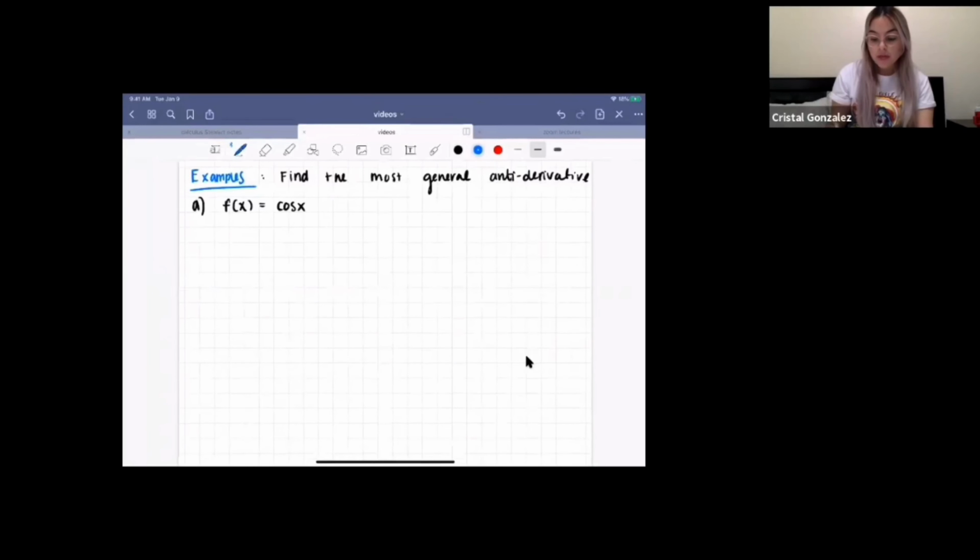So what you want to do is think about this. If you're looking for the antiderivative of cosine x, you have to think about what derivative gives you cosine x. So recall that the derivative with respect to x of sine x gives you cosine x. So this tells you that this one here is the antiderivative of cosine x.